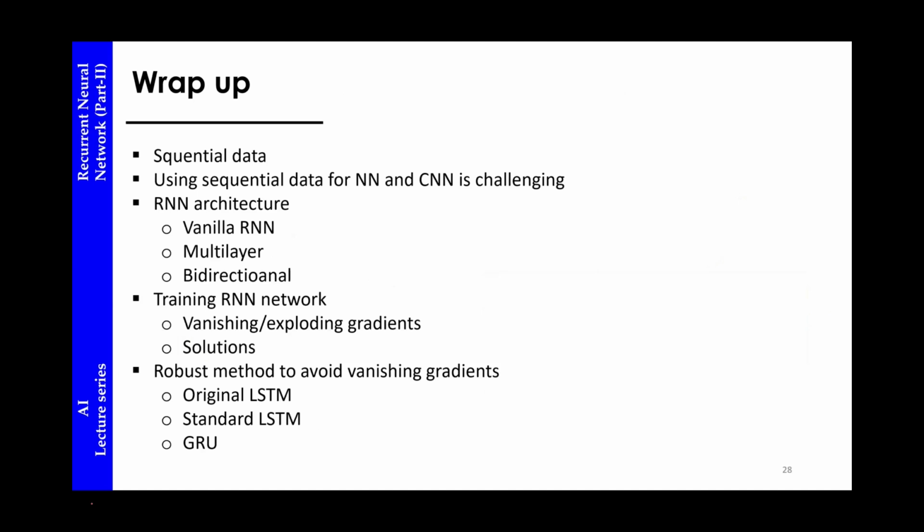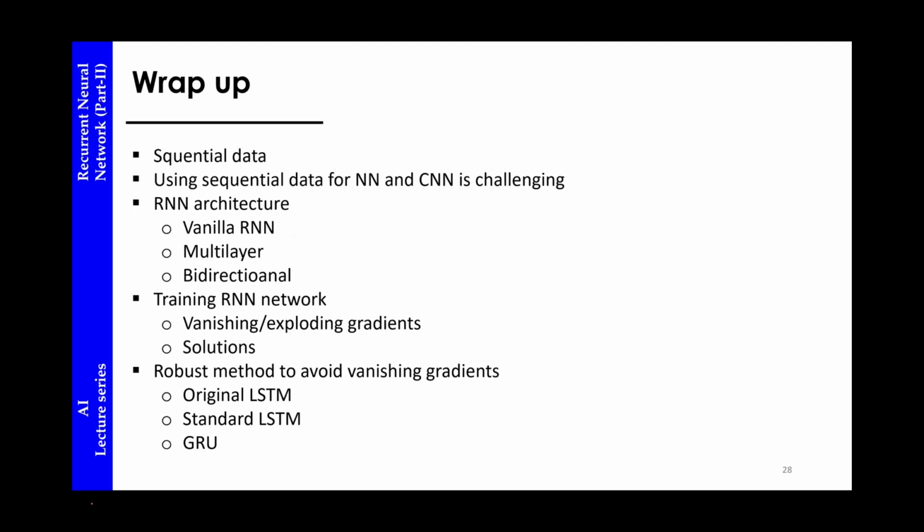And the challenges, if you remember, were: first of all, for NN and CNN we need a fixed input length. In neural networks, parameters are not transferable; although in CNN parameters are transferable, we still need a fixed length of the input, and high computational cost was another problem.